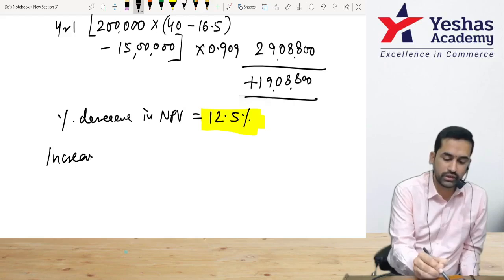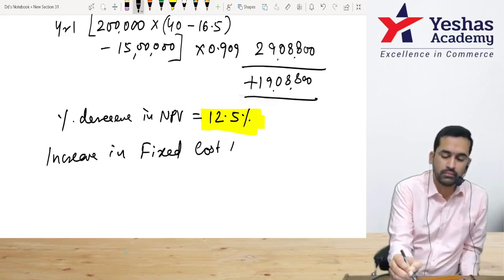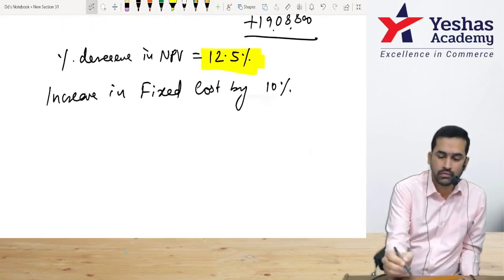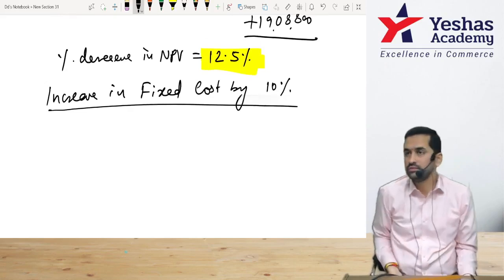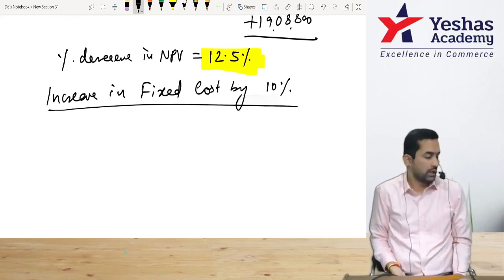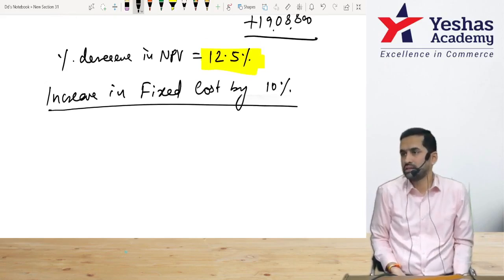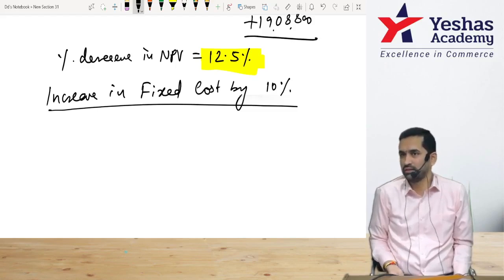The next one is increase in fixed cost by 10%. Most of the things are same. Fixed cost in place of 15 lakh, we need to take it as 16.5 lakh. So I will straight away take original NPV and do minus 1.5 lakh.